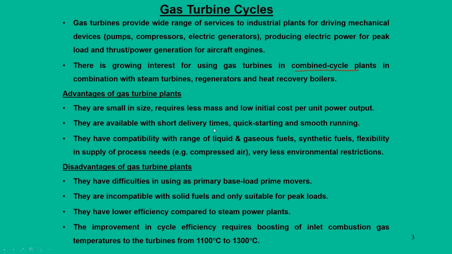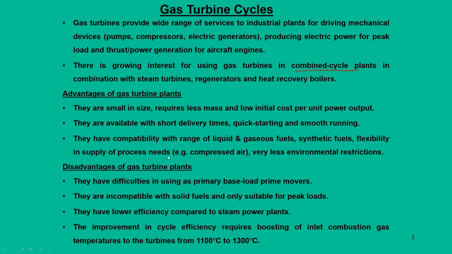That means once you start this engine, it can start within quick time, and it also has smoother running compared to a steam system. They are compatible with a wide range of liquid and gaseous fuels, and synthetic fuels. They have flexibility for the supply of process needs.